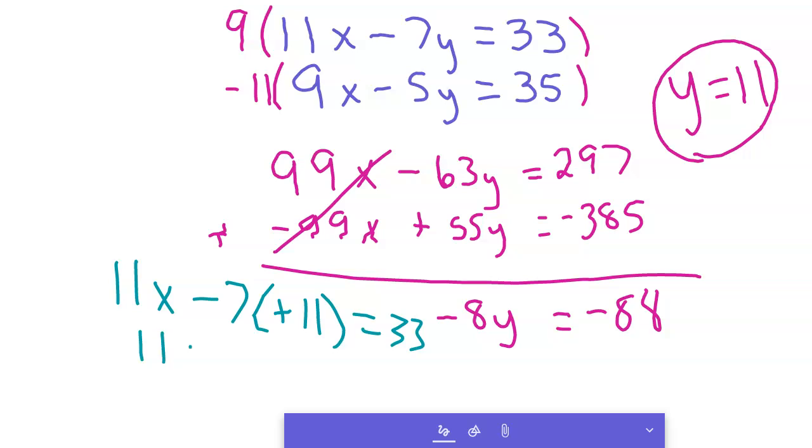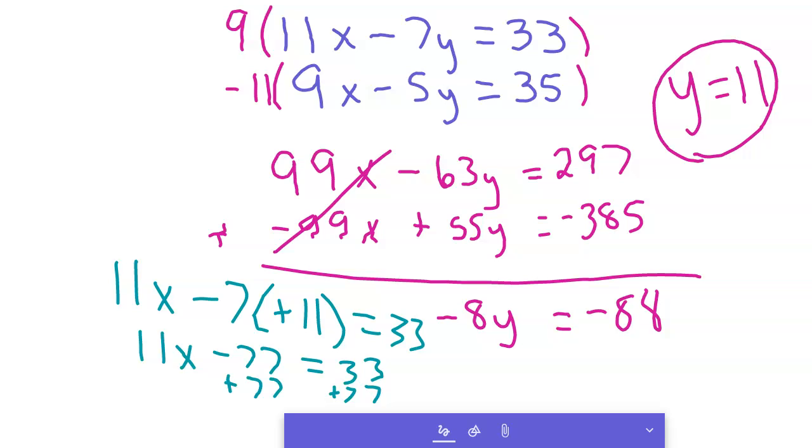So 11x minus 77 equals 33. Move the 77 over. I must have a sign error. Hold tight. I do not have a sign error, so that's 33 plus 77.